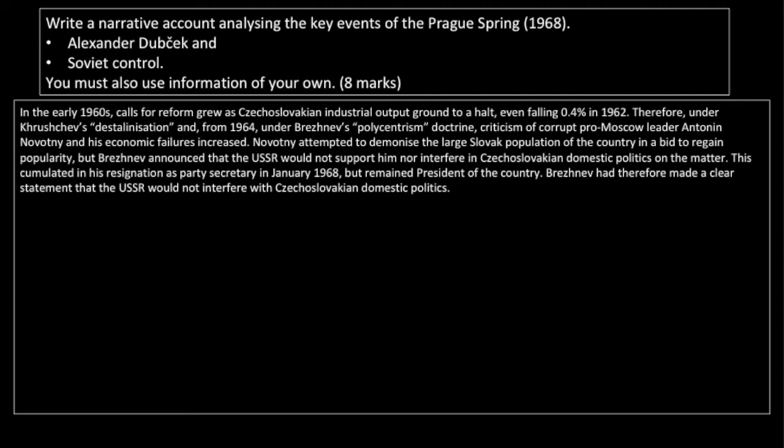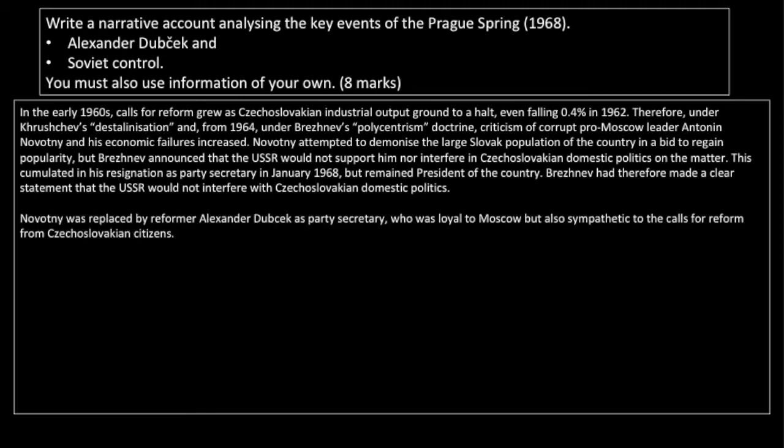Brezhnev had therefore made a clear statement that the USSR would not interfere with Czechoslovakian domestic politics. Novotny was replaced by reformer Alexander Dubček as party secretary, who was loyal to Moscow but also sympathetic to the calls for reform from Czechoslovakian citizens.